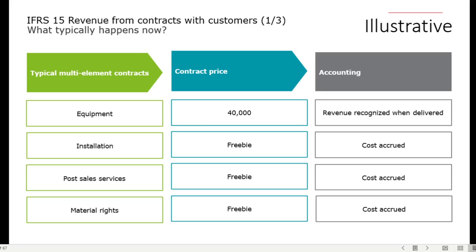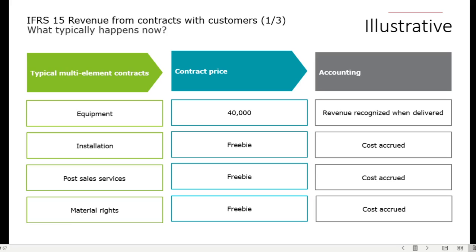The price is quoted as one contract price. So in this example, the company is selling this equipment for 40,000 currency, dollars, whatever currency you can assume. They are saying that we do the free installation, the free post-sale service, the material rights, and the accounting is usually done based on the sales price.